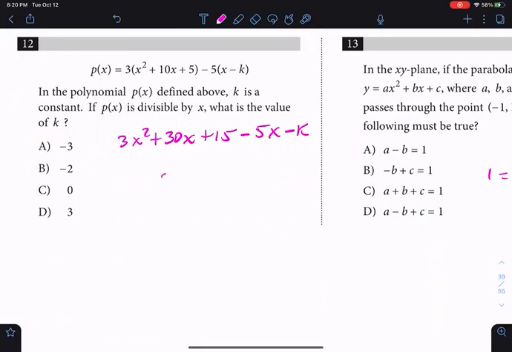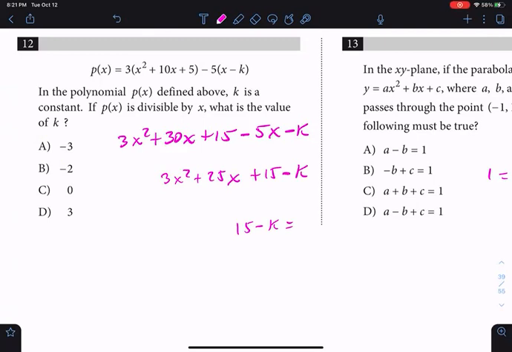Let's see. So this is 3x squared plus 25x plus 15k plus 15 minus k, right? So these two are constants.